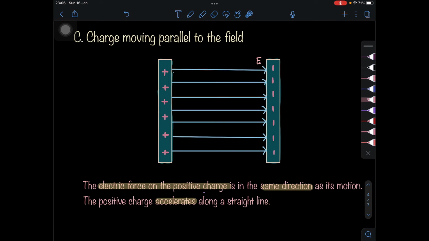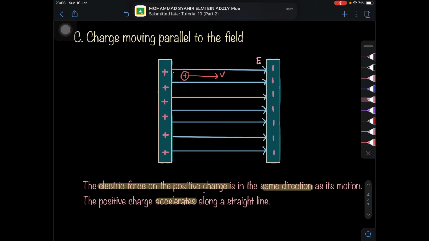Okay, next one, when we have a charge moving parallel to the field. As you know, the direction of the electric field will be going towards the negative plate. So when we have a positive charge moving with a certain velocity in the same direction as the electric field, parallel, it must be in the same direction as the electric field.